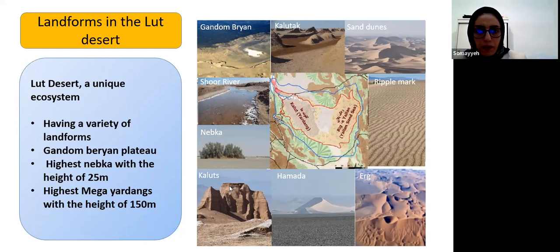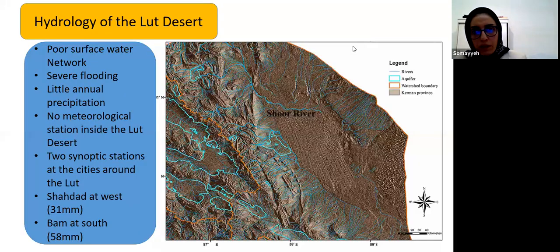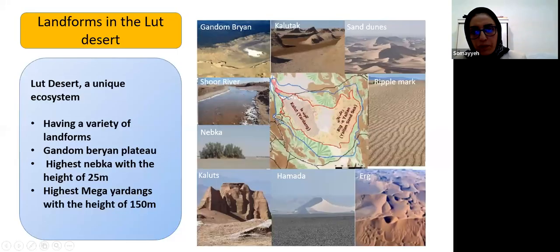Sorry, I think I've missed one slide. The other one are the sand dunes, the hills that are made by sand. Calutax are the small forms of calottes.